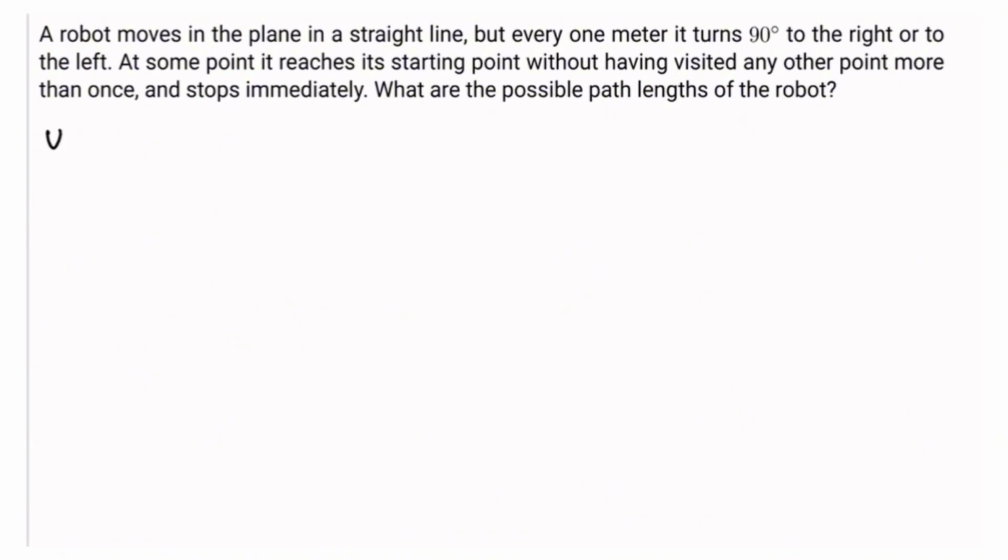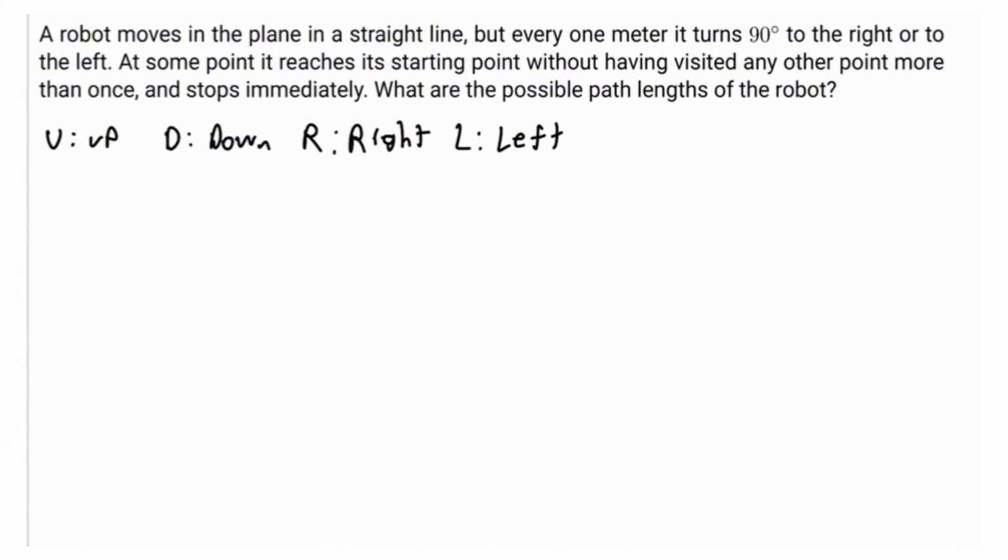Let U denote up, D denote down, R denote right, and L denote left.